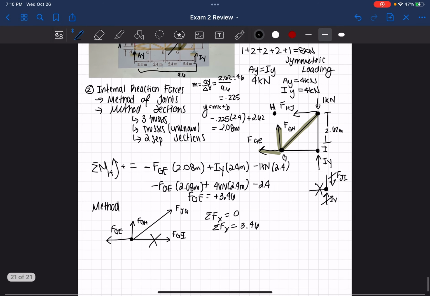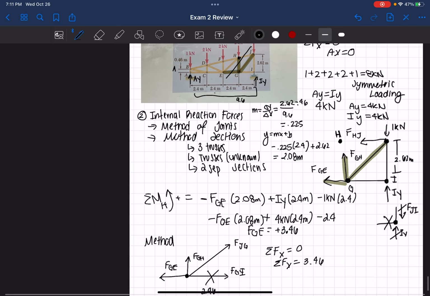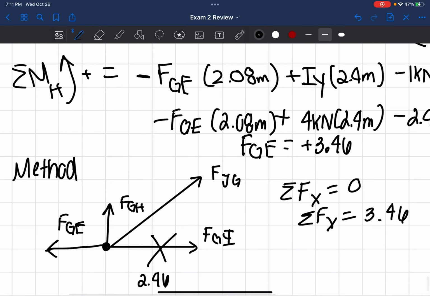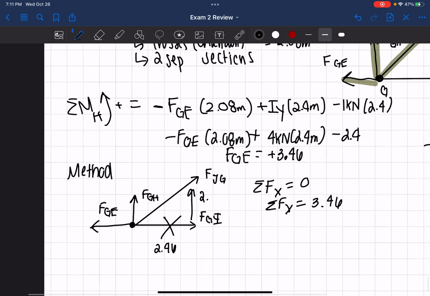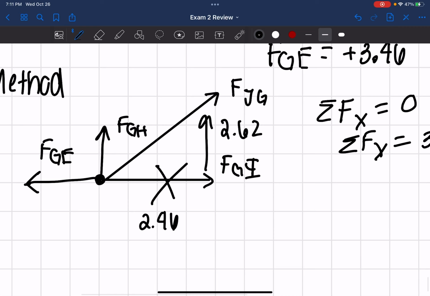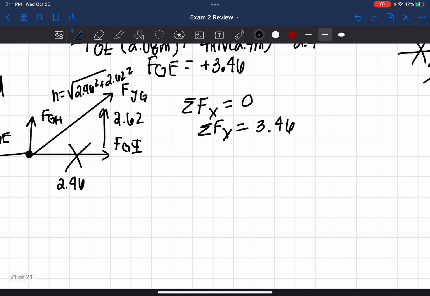Let's look at our drawing. We know this is 2.46. It is assumed that this one over here is 2.62 meters. So that means that the hypotenuse here is the square root of 2.46 squared plus 2.62 squared, and we need the x component, and that's going to be in a positive direction.